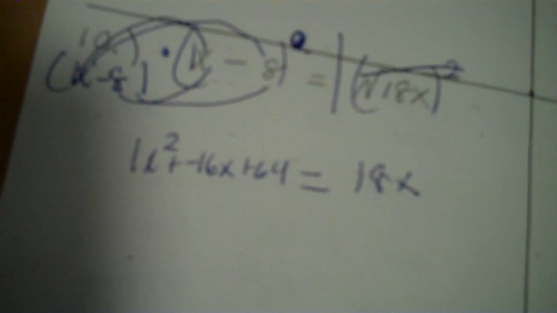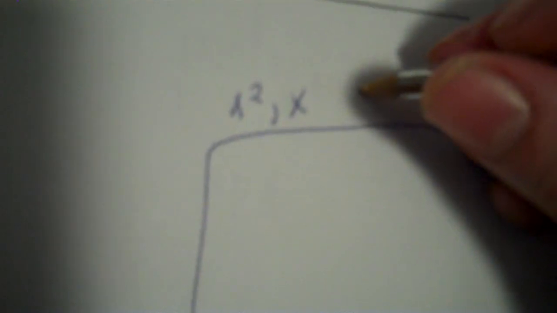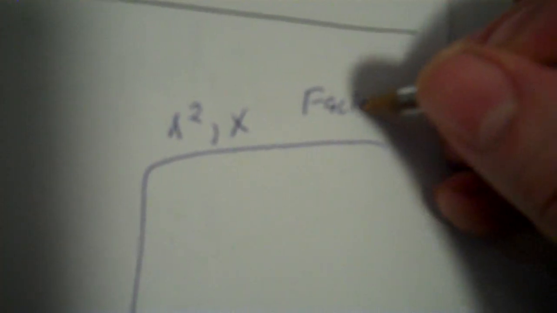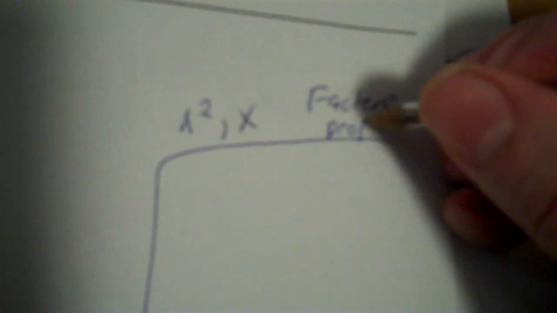So we write 1x to the second plus negative 16x plus 64. Now, time to solve for our variable. We don't have x only, obviously. We have x second and x, so that's going to be a factoring properties problem. The variable is to different degrees, the second power and the first power, so there's two answers.